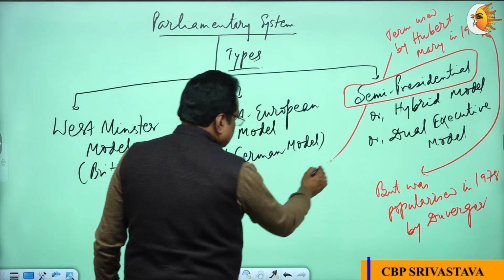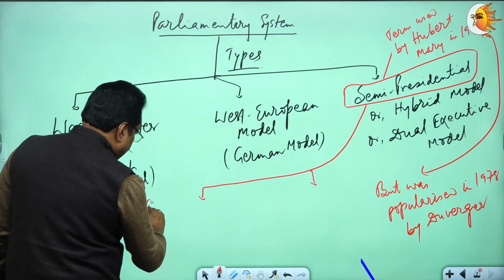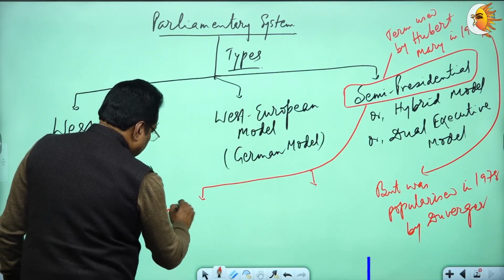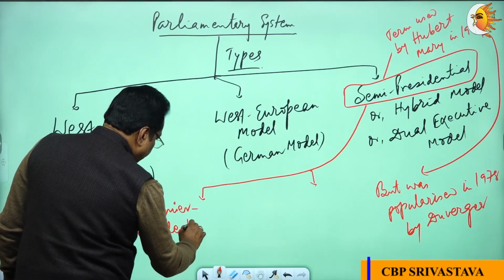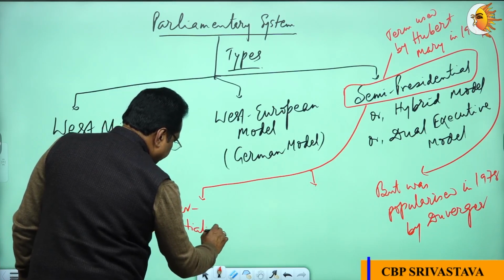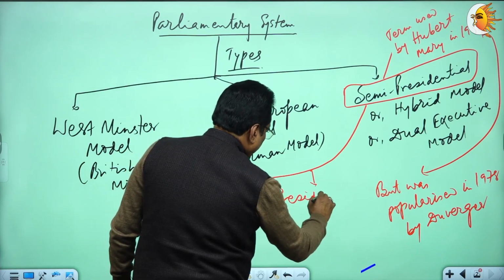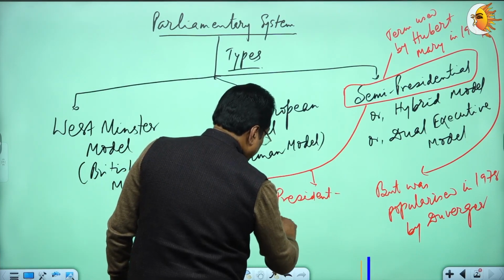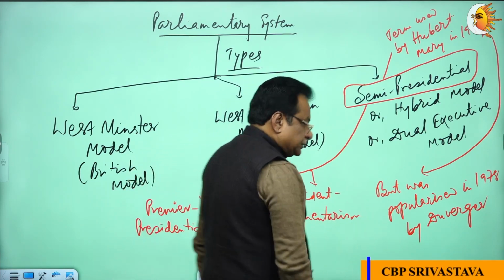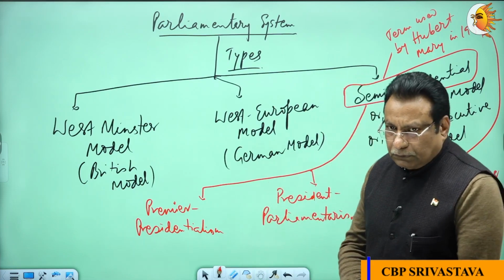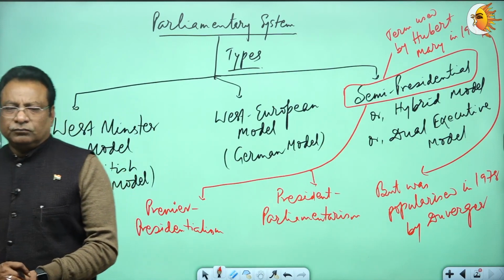Now, this is also classified into two types. One is called premier presidentialism and president parliamentarism. So these are different types of parliamentary systems across the world.